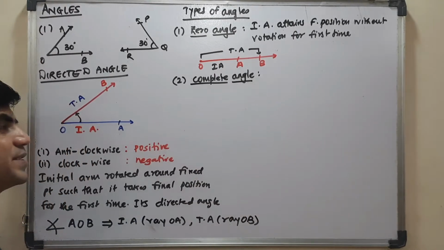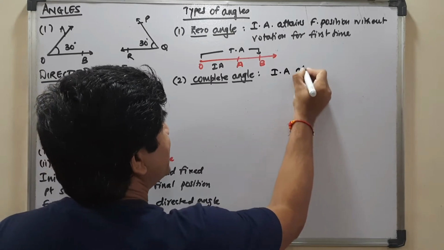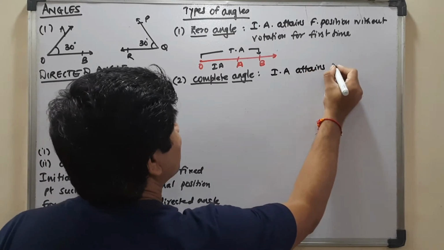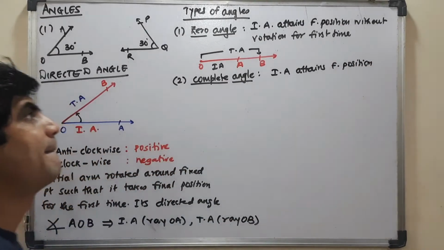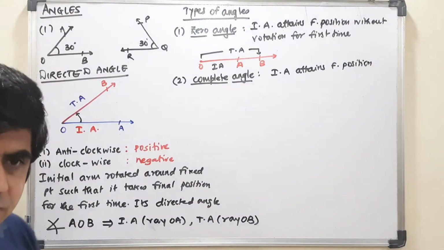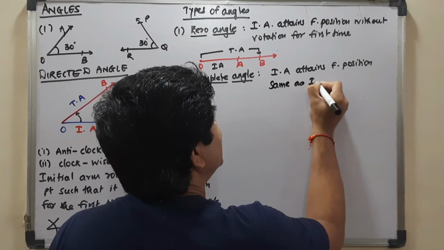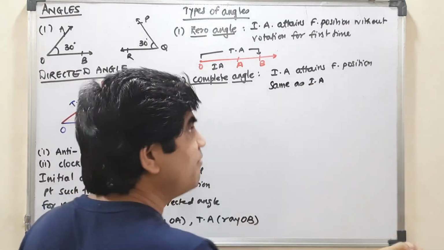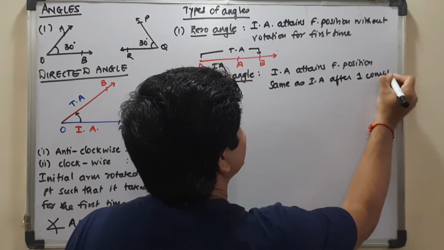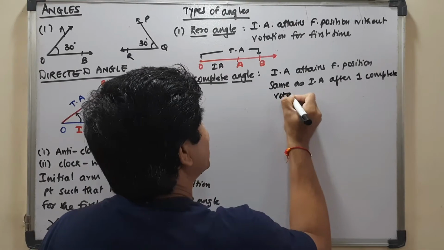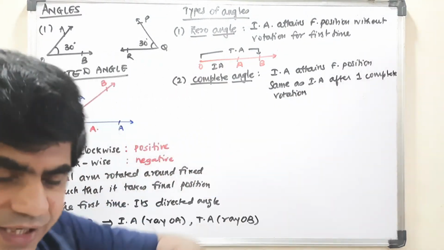So what it says is that the initial arm attains the final position same as the initial arm after one complete rotation.